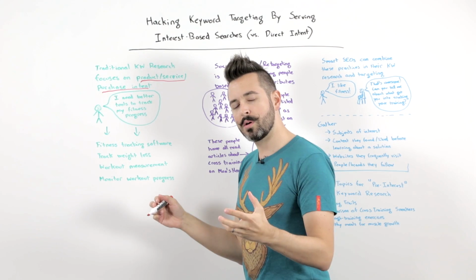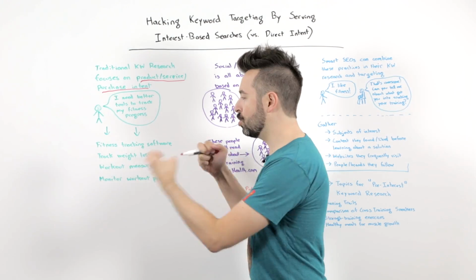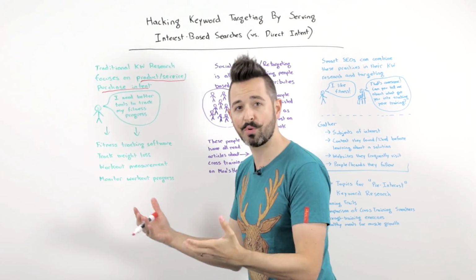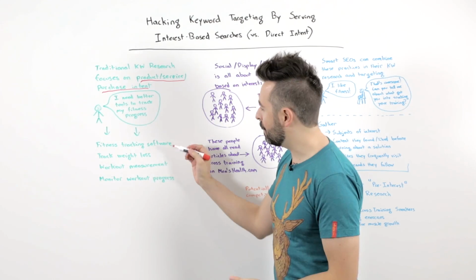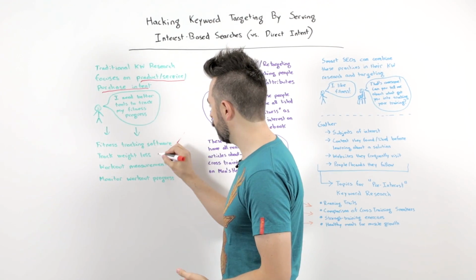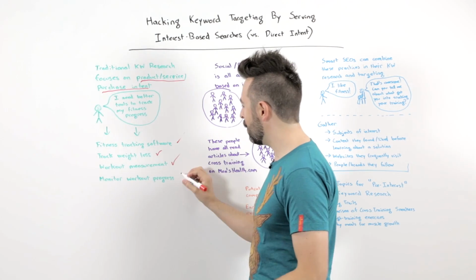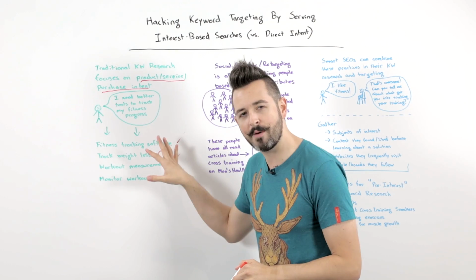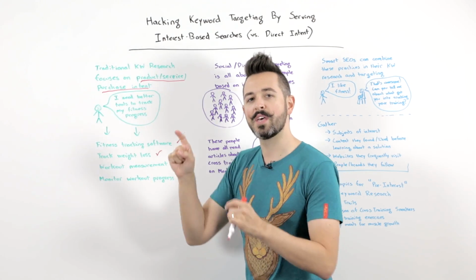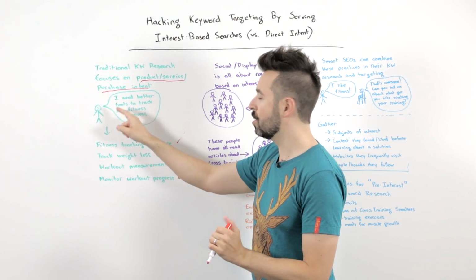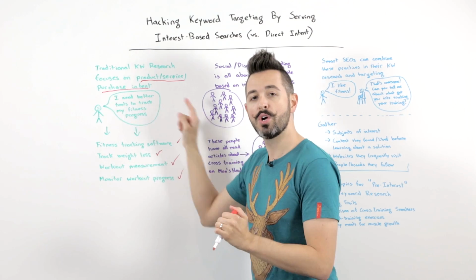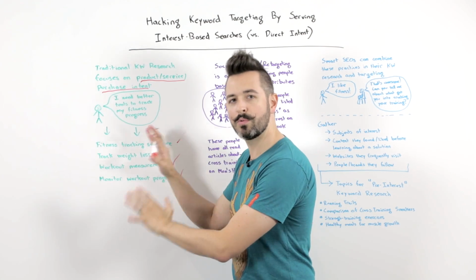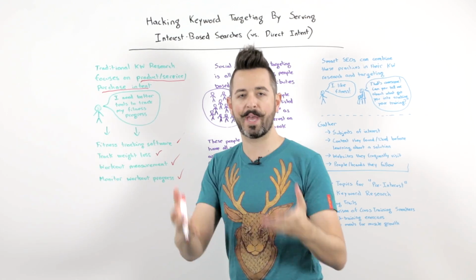And so when we, doing marketing to Charles, have a fitness tracking product or piece of software or piece of hardware to offer him, we're thinking about terms like fitness tracking software, track weight loss, workout measurement, monitor workout progress, right? Very direct, very obvious kinds of search terms that are clearly going to lead Charles from his intent right over to our website. This is perfect keyword targeting, keyword research, if you're doing paid search.